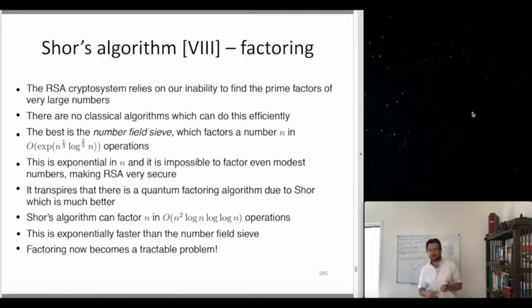One is symmetric, and one is asymmetric. And the asymmetric one is the one that's important. For symmetric, if you want to find the key, there is a key that's used for both encryption and decryption. So it's the same. You want to use Grover's algorithm, which is significantly faster than any other algorithm.